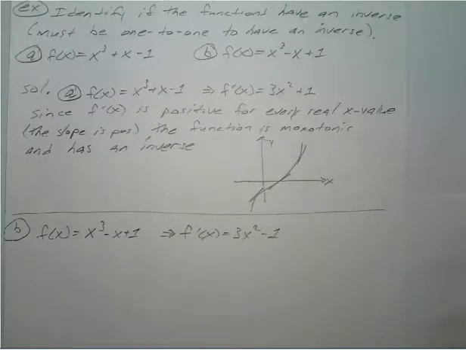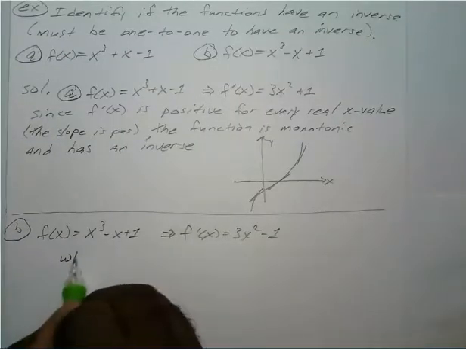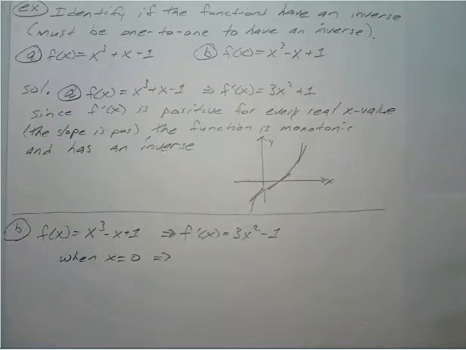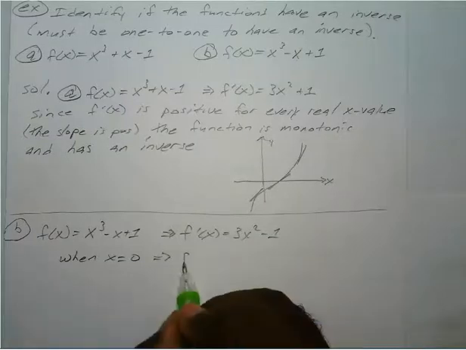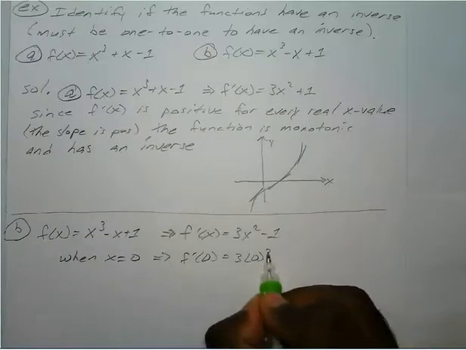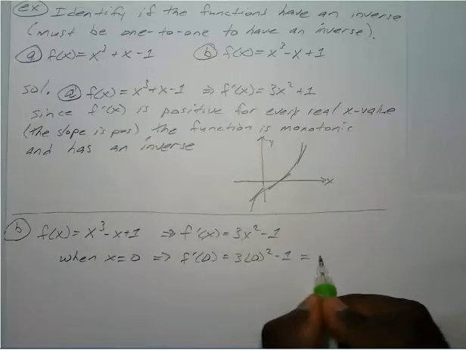Okay. Now, if you see here, there are actually some values of x that will make this positive, and there are some values of x that will make this negative. So when x is equal to 0, what does that give us? F prime of 0 is equal to 3 times 0 squared minus 1, which is negative 1.